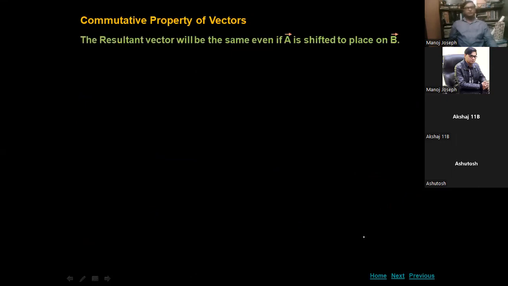Okay. So the commutative property of vectors means the resultant vector will be the same even if A is shifted to the place of B, or their places get interchanged. If their places get interchanged, there will be no effect on the resultant of the vectors. So this is called the commutative property of vectors. Suppose vector A is moving in a particular direction and B is also moving in a certain direction.